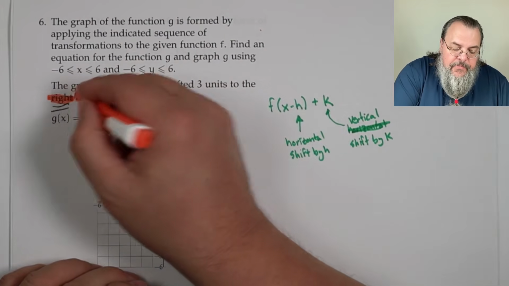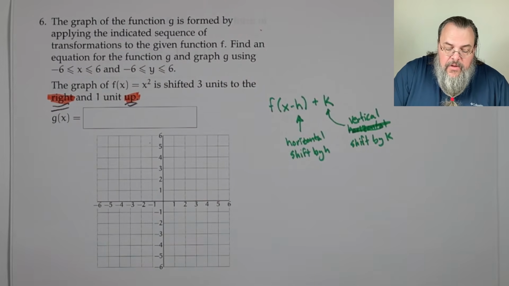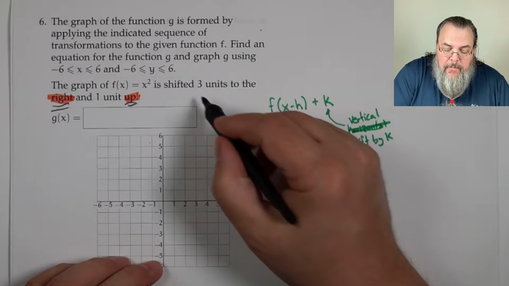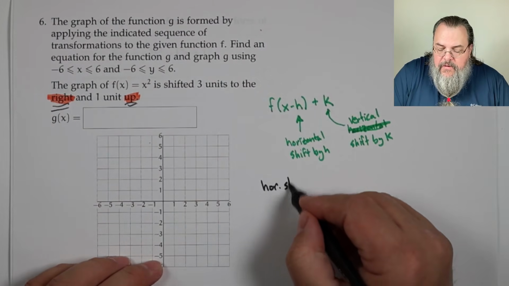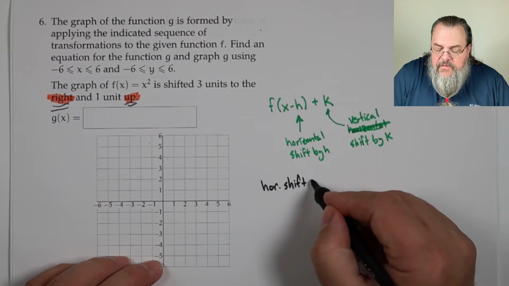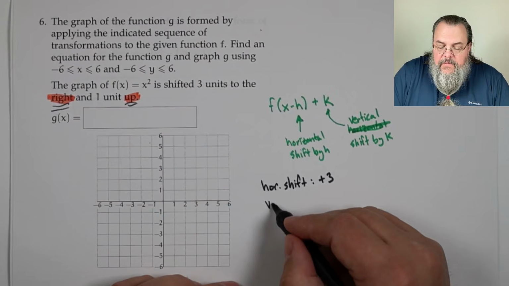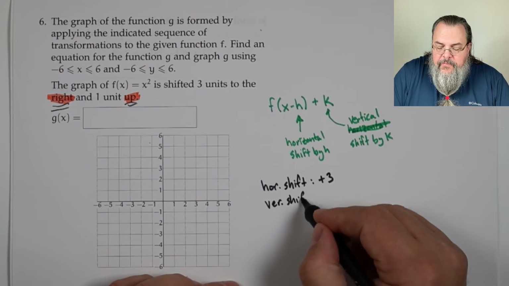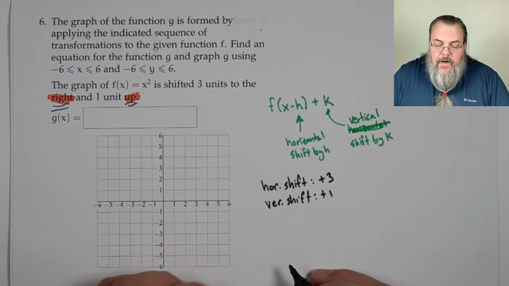All right, so we see we're shifting to the right. Horizontal shift is plus 3. 1 unit up, our vertical shift is plus 1.